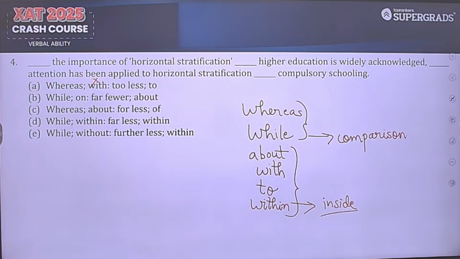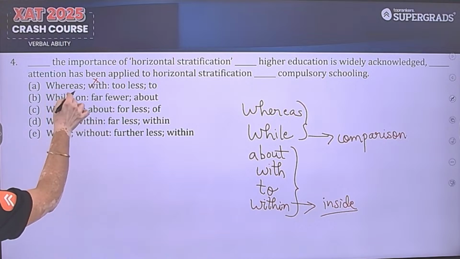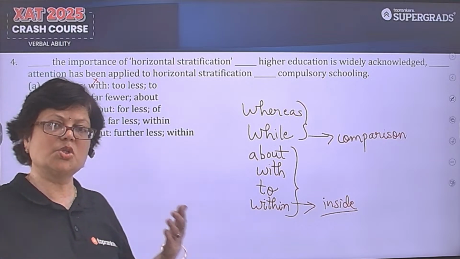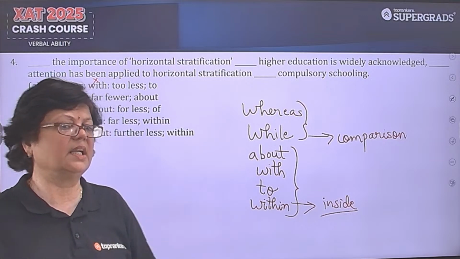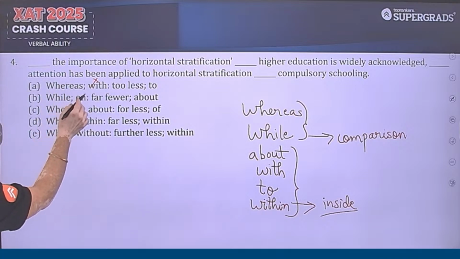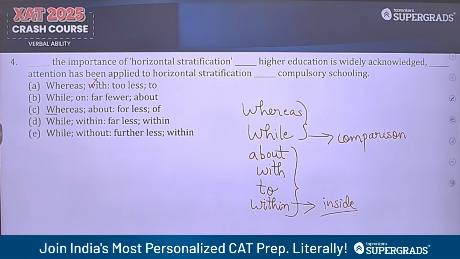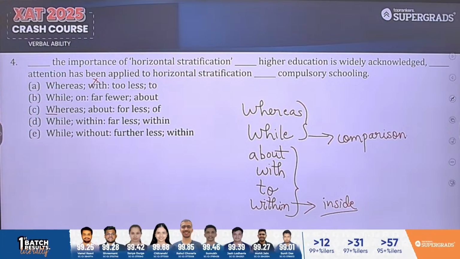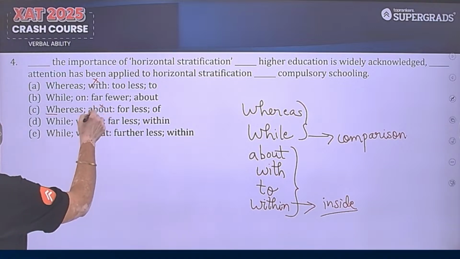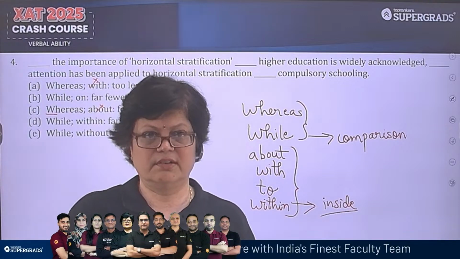Now, first I will see which answers are similar. As I said, look at those components which are the same and the ones which are different. If I look at whereas, I find that option C carries whereas again. Whereas the importance of horizontal stratification about higher education is widely acknowledged, about is also not a very good fit.